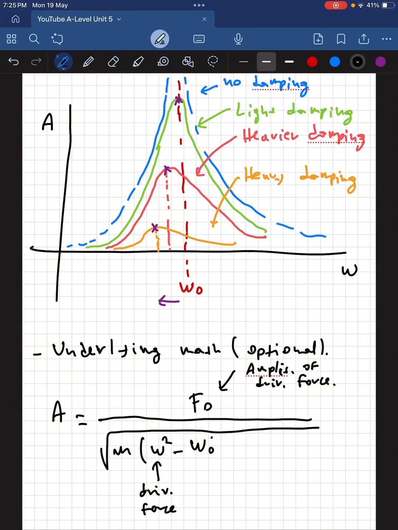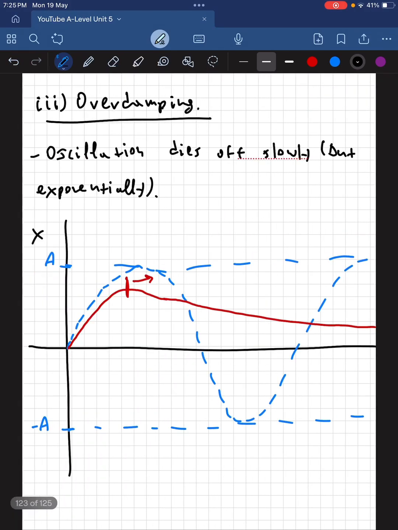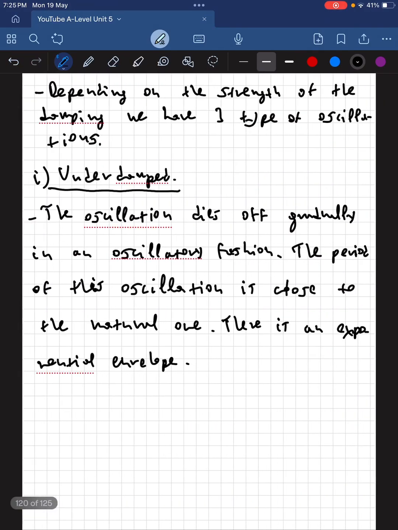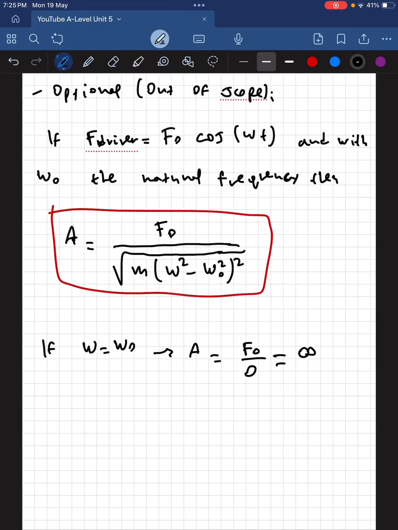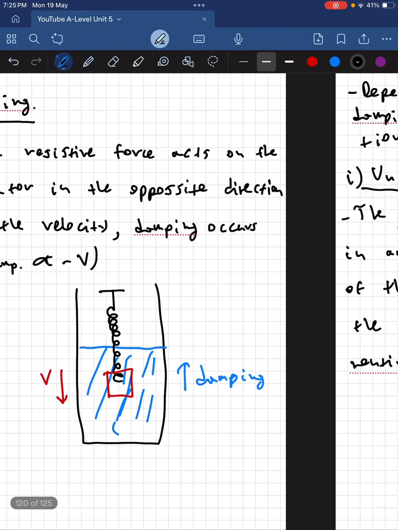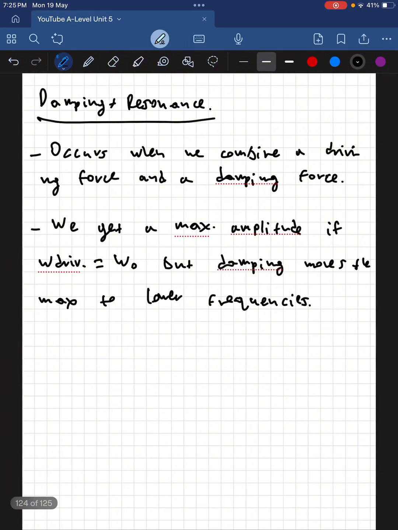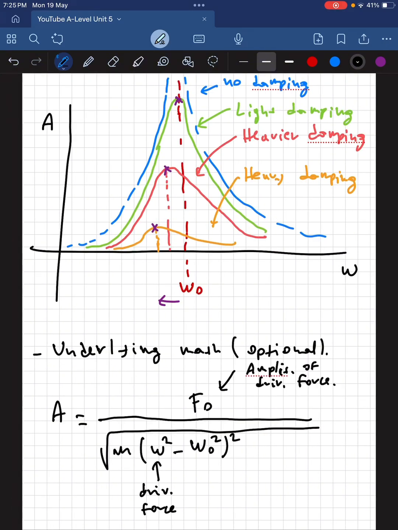Omega naught is the natural frequency squared. This is exactly the same as the one I showed you before for resonance, okay? But because of damping, we get an extra term in the denominator called b squared omega squared.